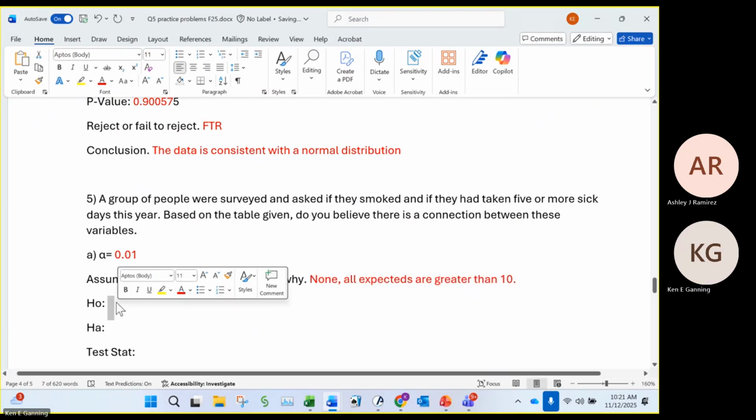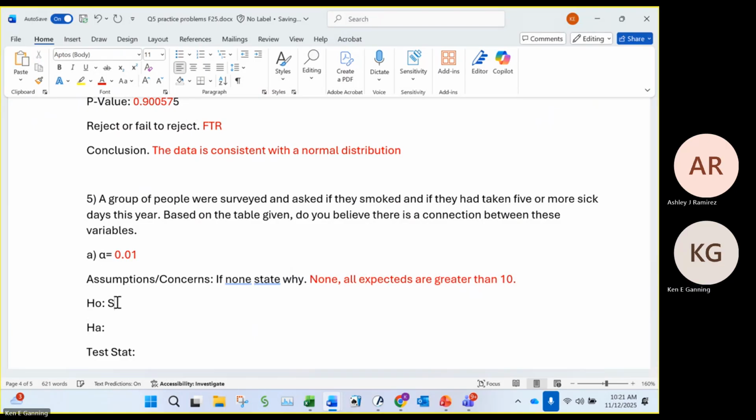H0: Smoking is independent of taking more than 5 sick days.